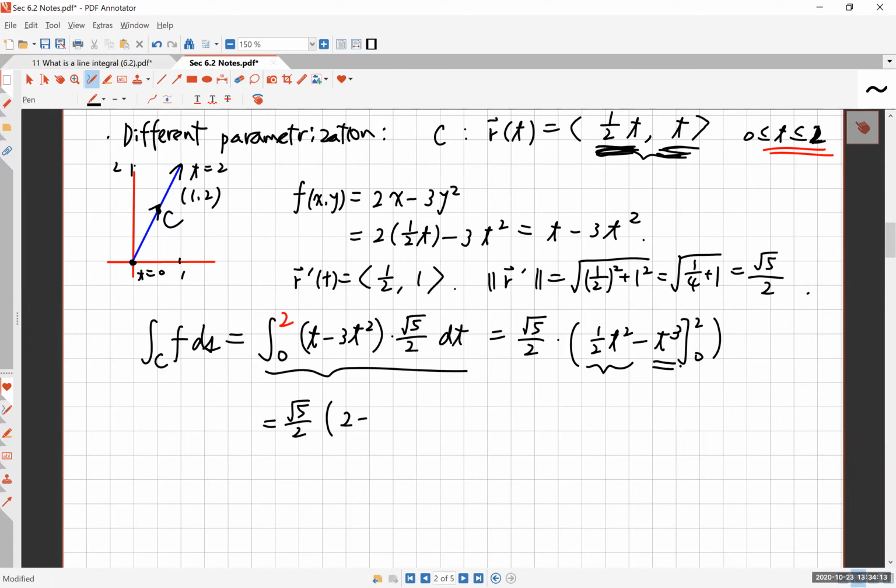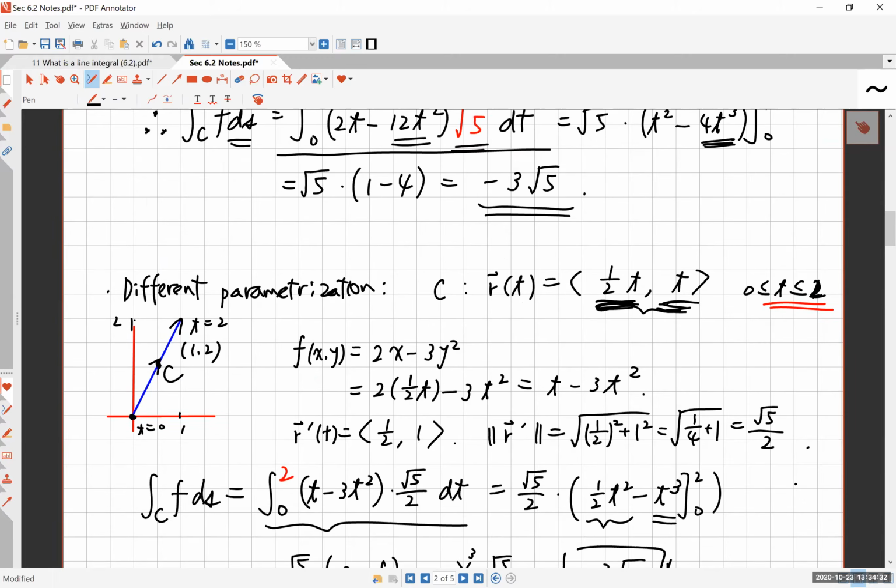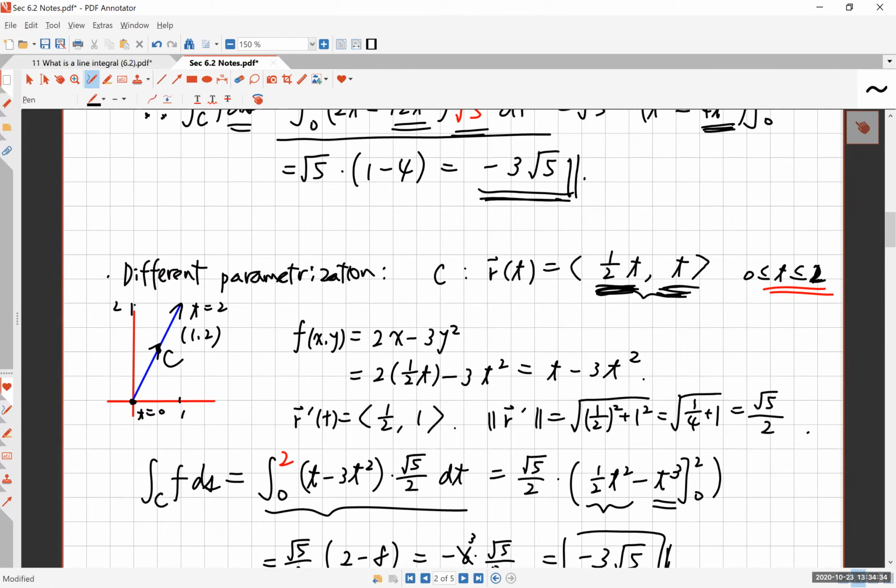And then 2 cubed is 8, all right? So this will be -6 times the square root of 5 over 2. Of course, you can cancel and simplify this. The answer is -3 times the square root of 5. This, of course, is the same number as what we got in the first place.